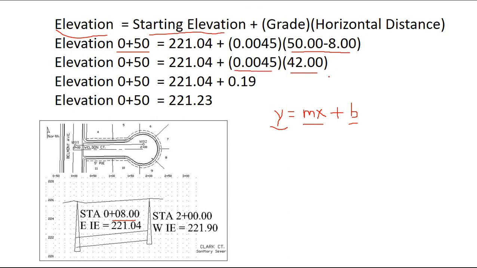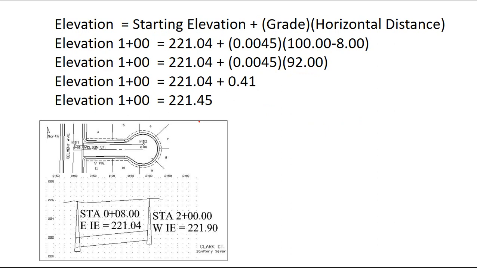If we multiply that by the grade, we'll get the change in elevation. Okay, so we're going uphill 0.19 feet. Our starting elevation here is the elevation at 0 plus 08, the starting point of our pipeline. So if we add that starting elevation, the 221.04, plus the change in elevation, the 0.19, we get the elevation at 0 plus 50, 221.23.